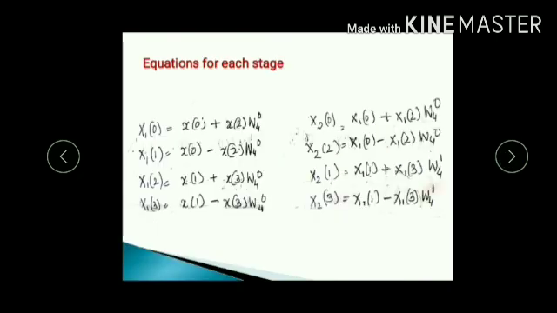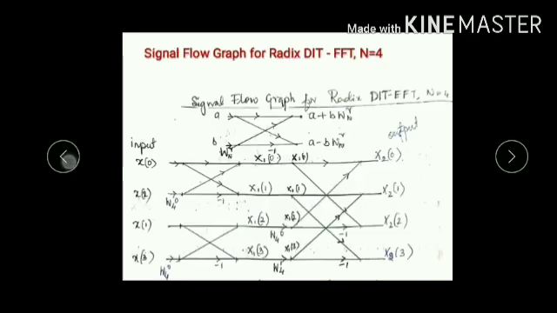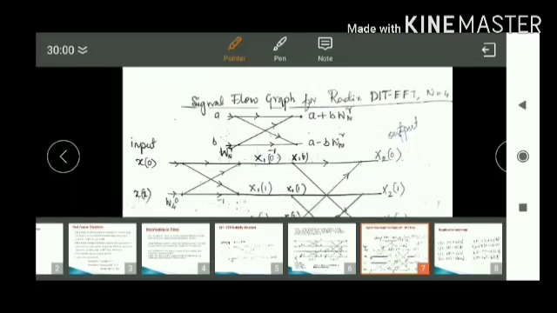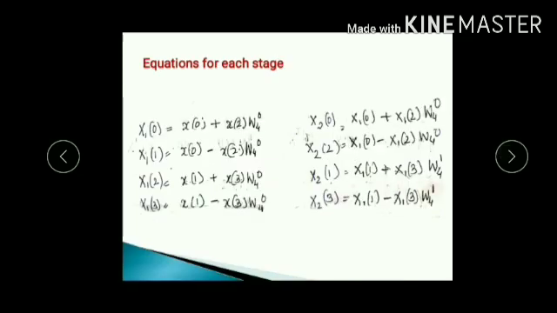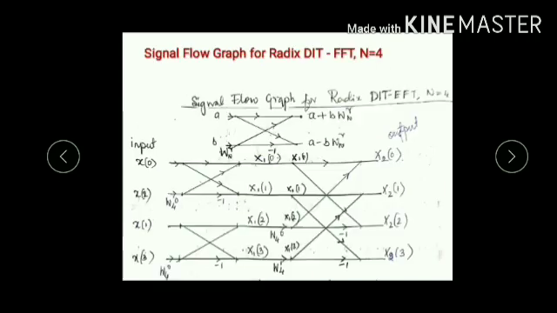Now, we'll be looking at the relevant equations. So here, in order to calculate x1 of 0, what I have seen is that it's A plus B WNR. So if I want to calculate the x1 of 0, my answer is x1 of 0 is equal to x of 0 plus x of 2 into W40, which is similar to this.